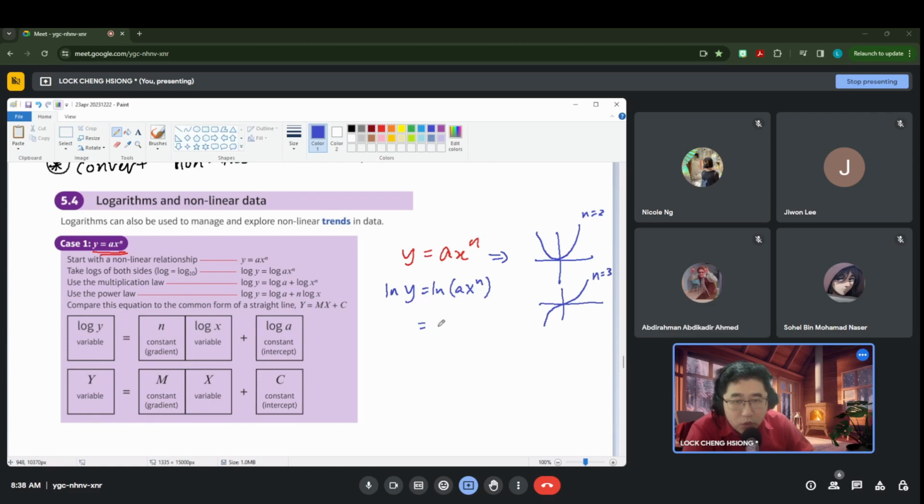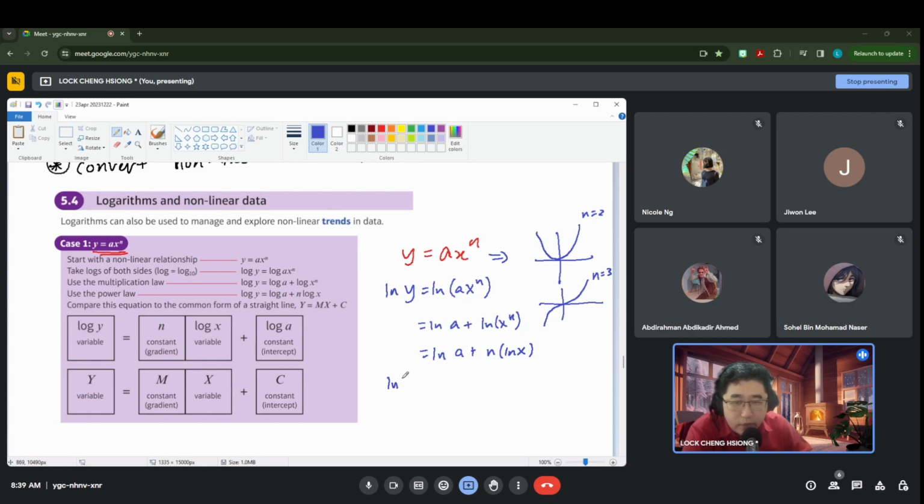According to log rule, ln a plus ln of x power n, so ln a plus n times ln x. The power can actually bring to the front.